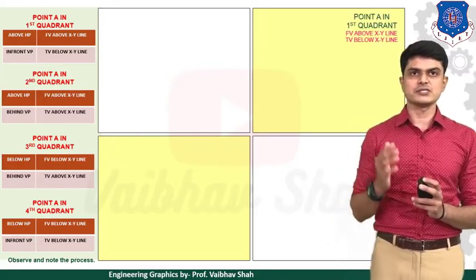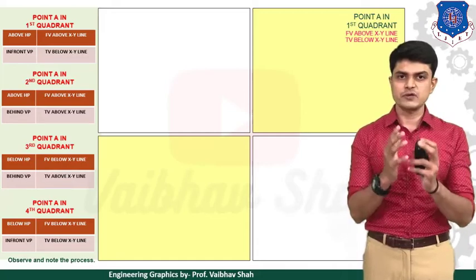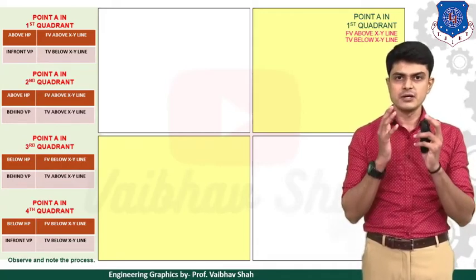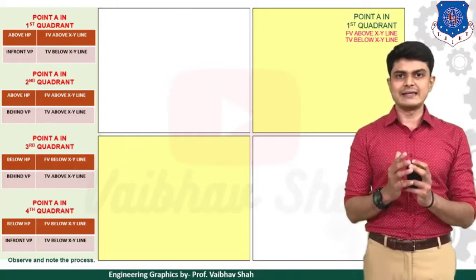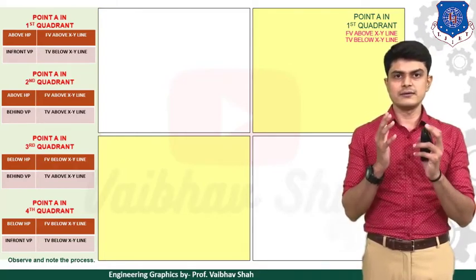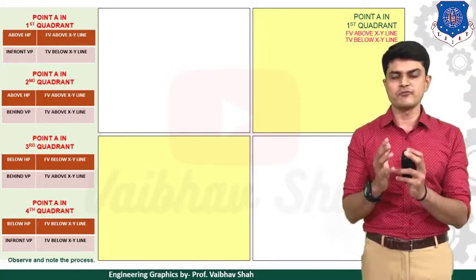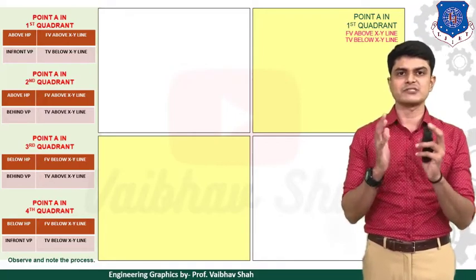So let's start with the first point. A is in the first quadrant. Here our objective is to first draw the XY line and then denote a front view and top view of point A with respect to the XY line.